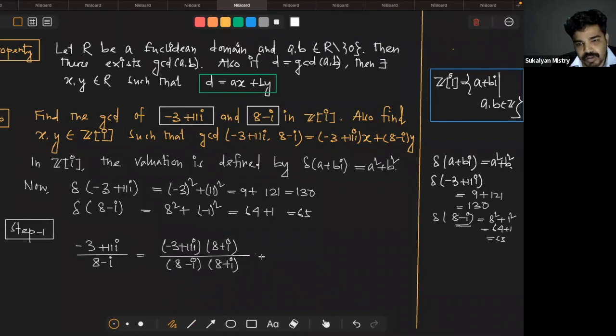So that equal to minus 24 minus 3i plus 88i minus 11, 8 square plus 1 square, ঠিক, minus i square মানে plus 1 হয়, so that will be 65, so minus 24 minus 11, that is minus 35, so minus 35 plus 85i divided by 65.